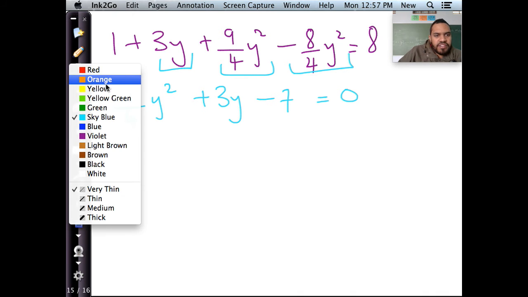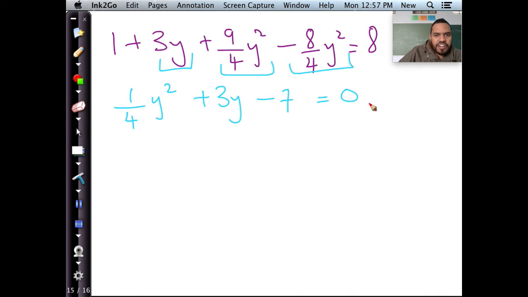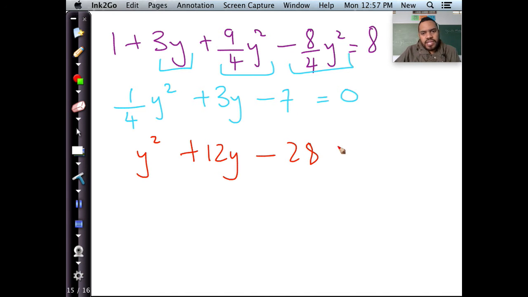Now, as you can see, I've got a fraction there, and we don't particularly like fractions, so I'm just going to multiply everything by 4. 4 times a quarter gives me y squared, plus 12y, minus 4 times 7 is 28. At this point, you can clearly see, if we want to factorize this, factors of 28 that subtract to give me 12.